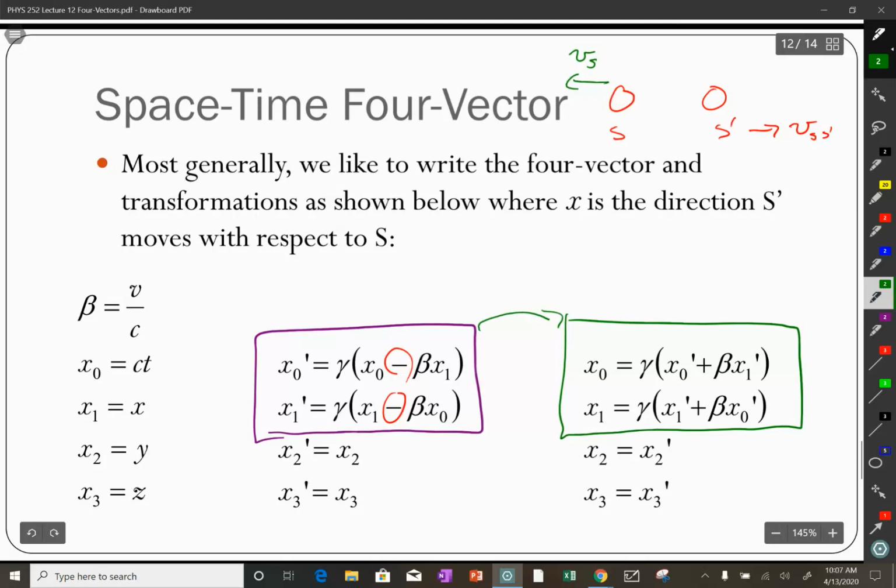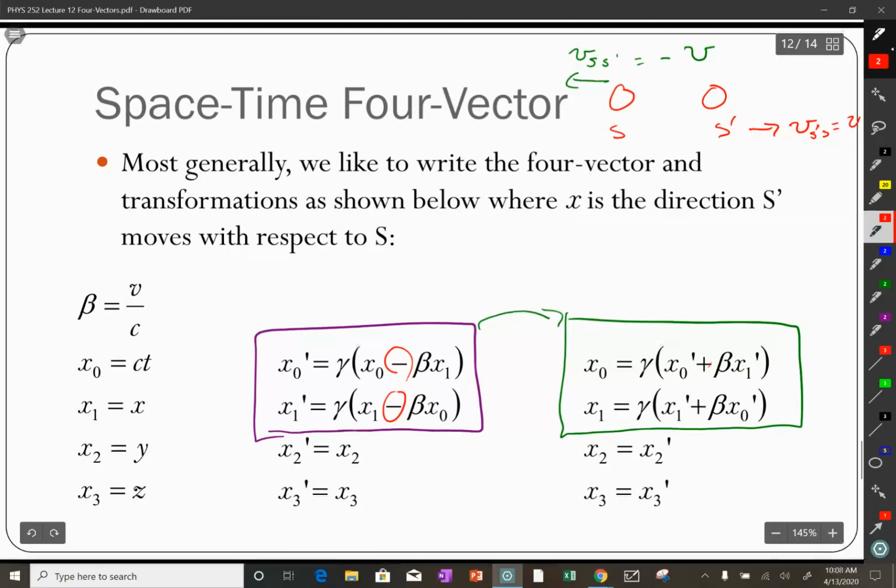I got my things wrong there. The speed of S prime with respect to S is v. The speed of S with respect to S prime is equal to minus v. And so that change in sign is why the betas are shifted.